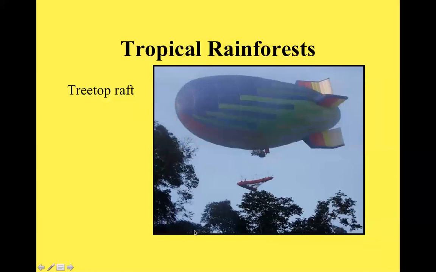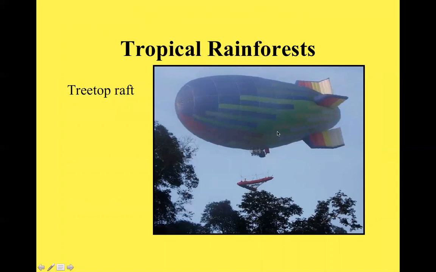Another commonly used method is something called a treetop raft, which is right here. This is a structure that has a mesh in the center, sort of like a heavy-duty screen, and the scientists are kind of bopping around in here.